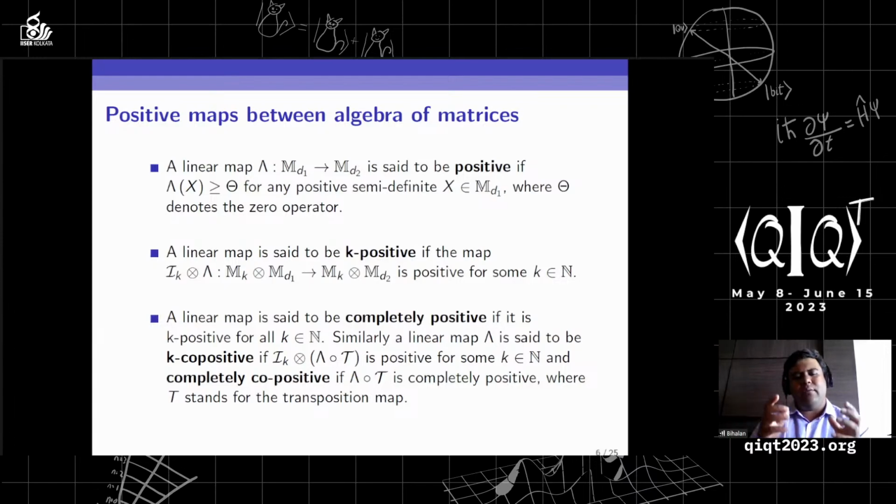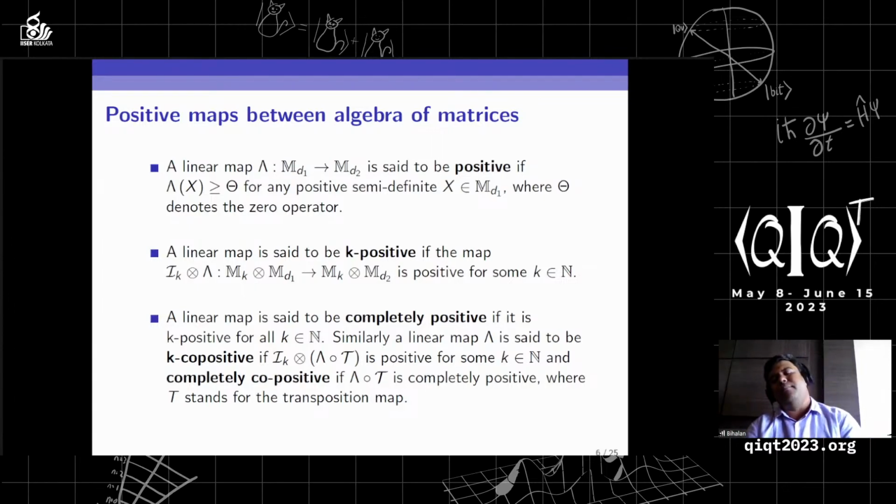Now, we say a positive map is k-positive if the amplified map, you see that there's a tensor algebra, actually M_k tensor M_D1 to M_k tensor M_D2, and the map is here I_k, this is the identity map on the ancilla system, tensor the original map lambda, is positive for some natural number k.